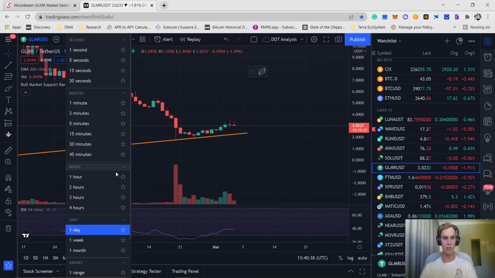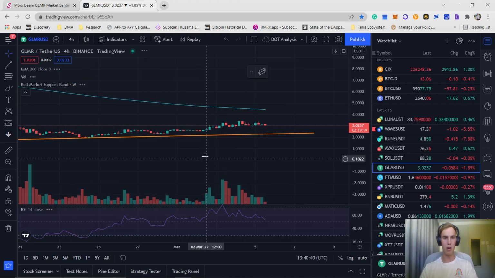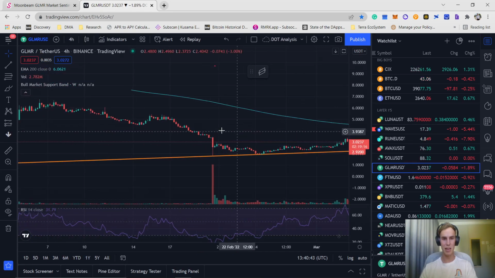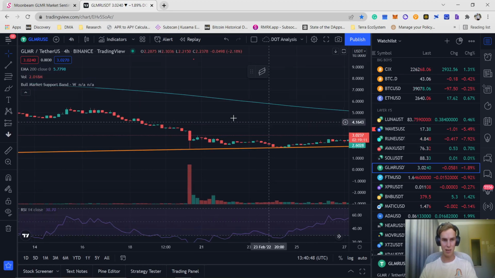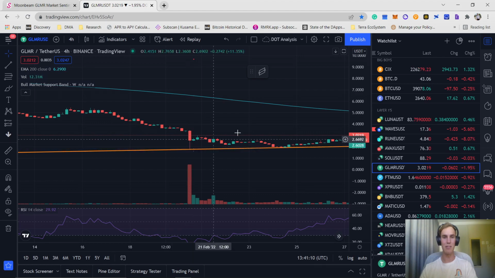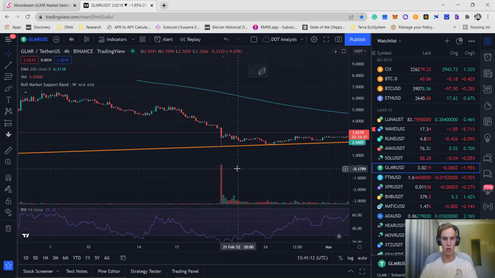If we go into the lower time frames on that day, we can see the 20th of Feb started round about here. You can see nothing major happened from when the day turned, but throughout the day it slowly started bleeding from around $3.60 down, down, down, and then at 12 to 1 p.m. we just saw a massive candle down, and we dropped from about $3.50 all the way down to about $1.85, and that's exactly what we saw in the scenario.